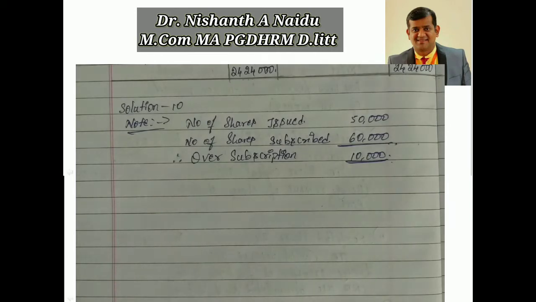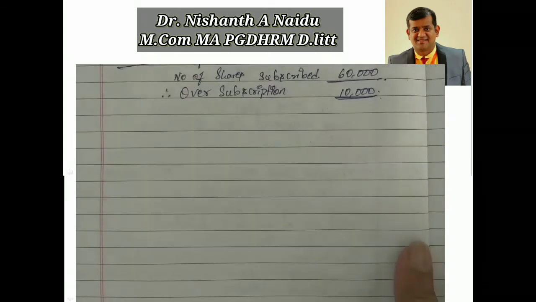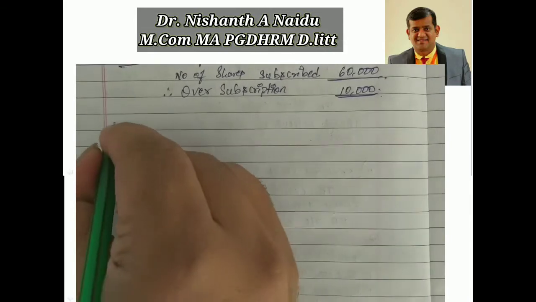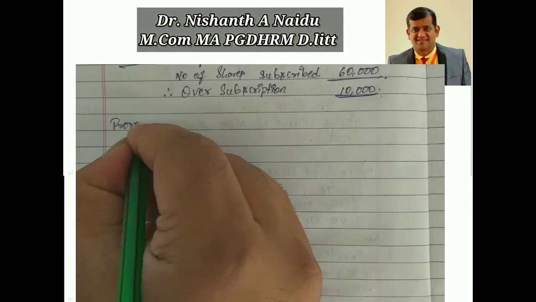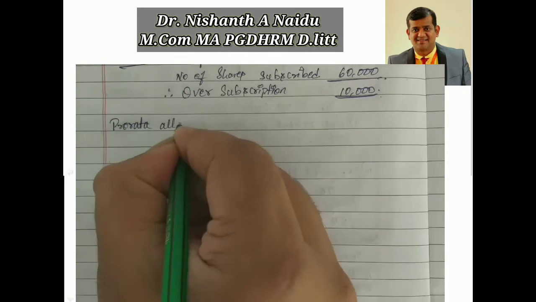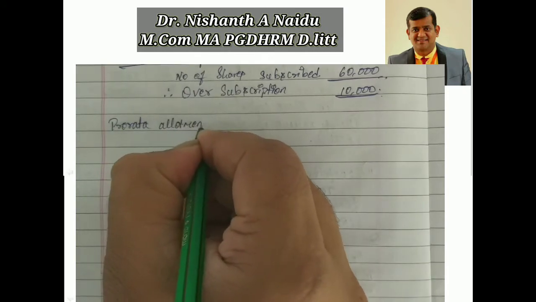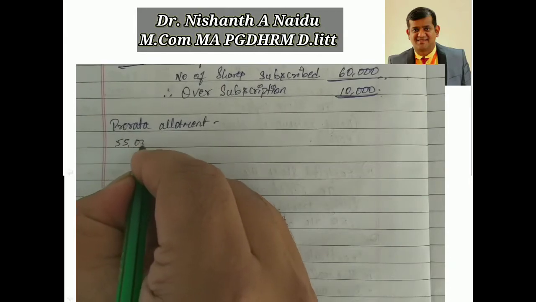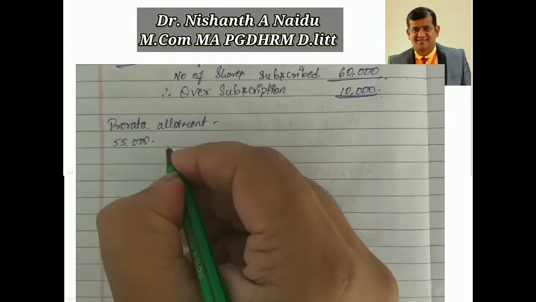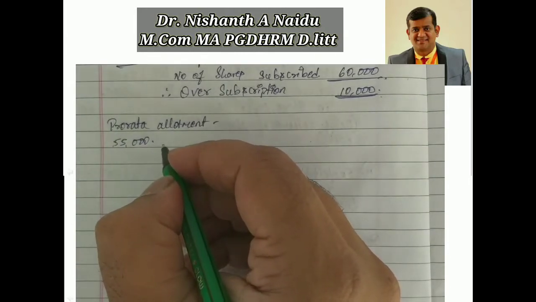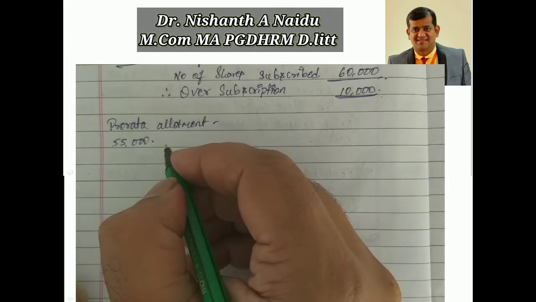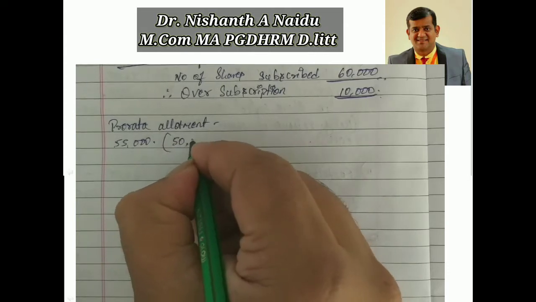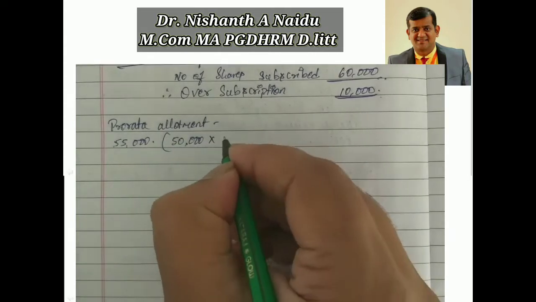Now we are supposed to do the calculation of pro rata allotment. We are keeping 55,000 shares and 5,000 we are rejecting. Out of this 55,000, 50,000 shares is for application.